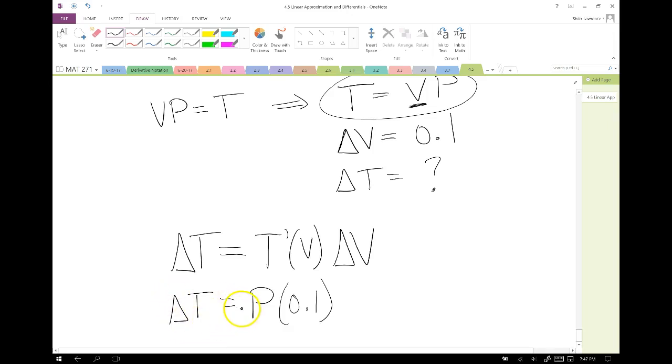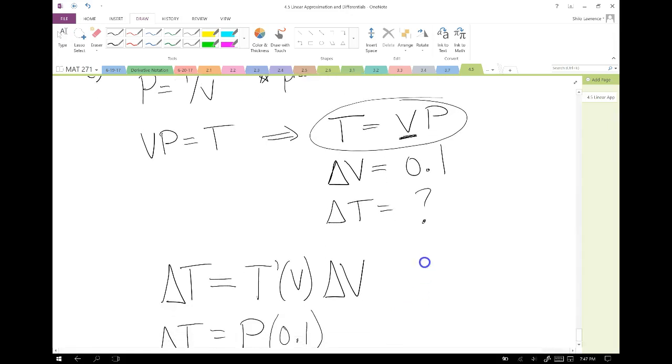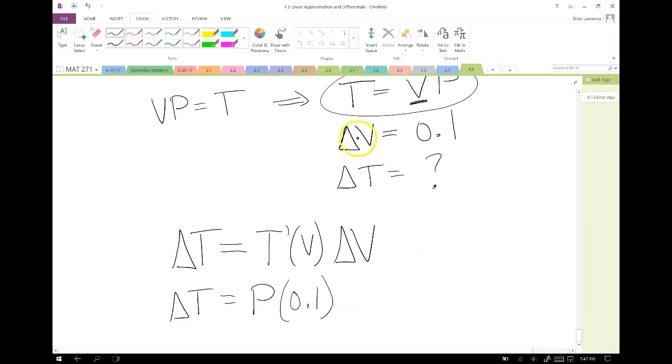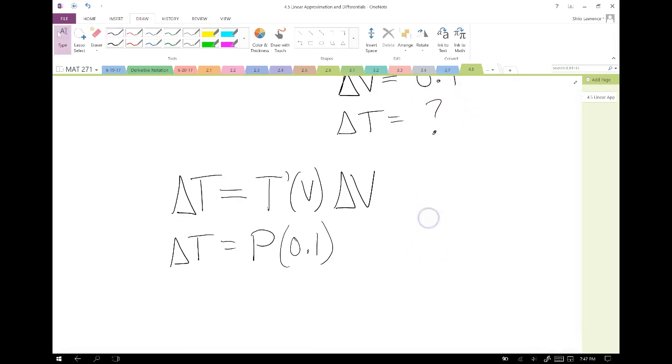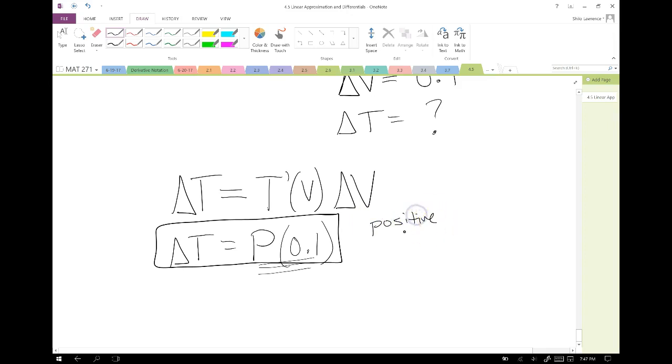So delta T is P times 0.1, whatever our constant pressure was, times 0.1. So if we increase the volume by 0.1, it is going to increase our temperature by P times 0.1. It came out positive. So here is the result of our delta T, and it's a positive number, so it's going to be an increase.